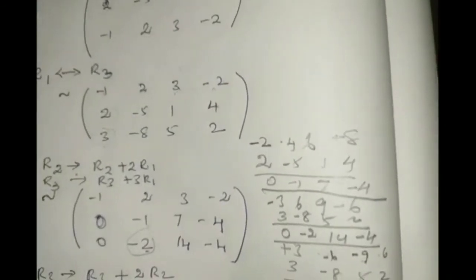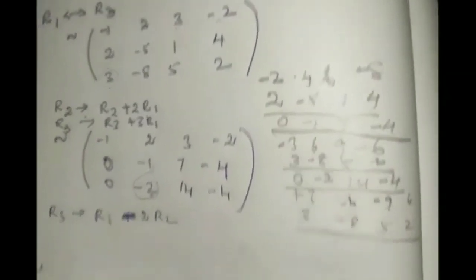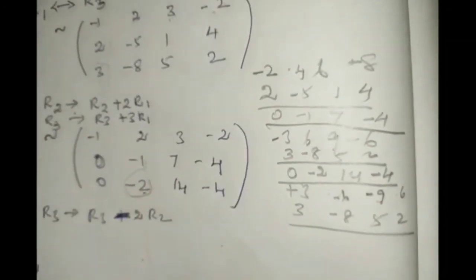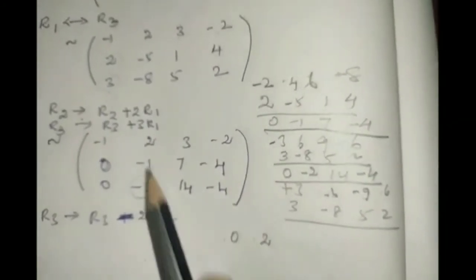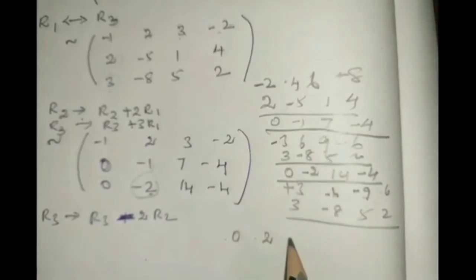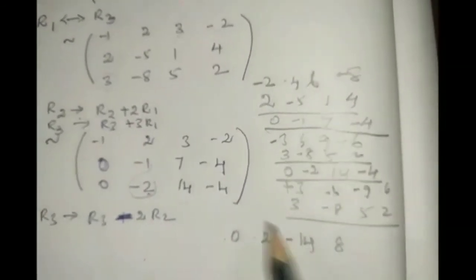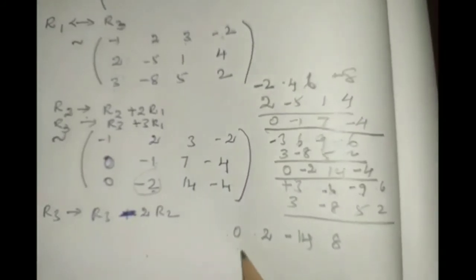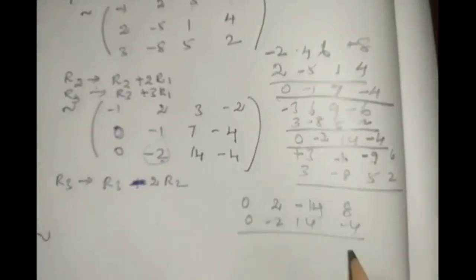So R2 should be multiplied with minus 2, then only it becomes plus 2, then only it gets 0. So I am going to multiply the second row with minus 2, it gives 0, minus 2 into minus 1 is plus 2, minus 2 into 7 is minus 14, minus 2 into minus 4 is plus 8. Adding, minus 4 plus 8, you get 0 minus 2 14 and minus 4.